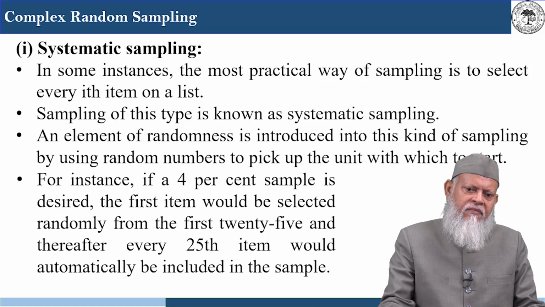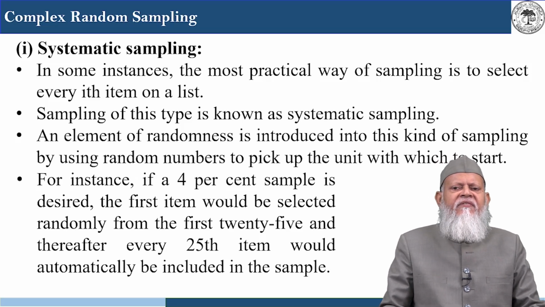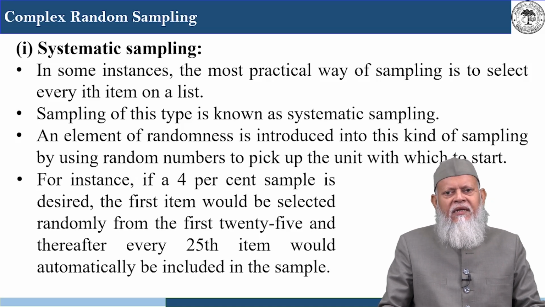So, if the 15th item is selected randomly, then go on adding 25: the next item would be 40, then 65, then 90, then 115, and this way go on till the sample is complete.